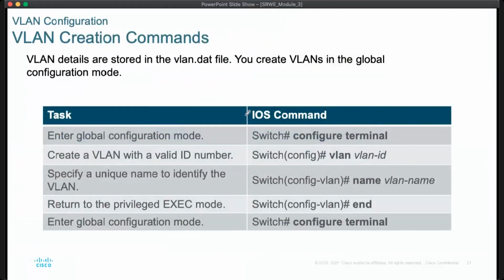VLAN creation command. VLAN details are stored in the vlan.dat file. You create VLANs in global configuration mode. First you need to enter global configuration mode: at the switch prompt, you type configure terminal.